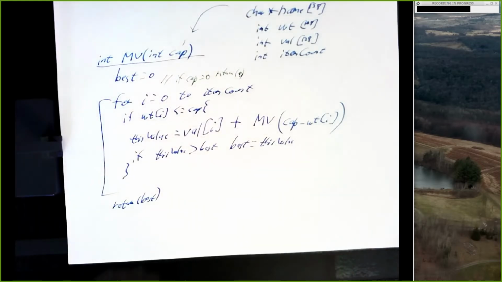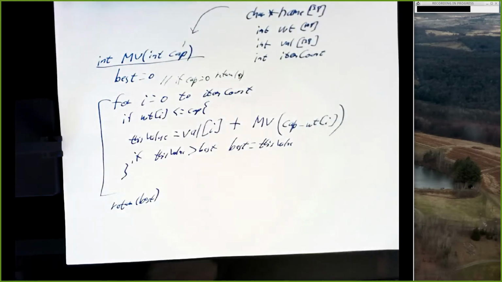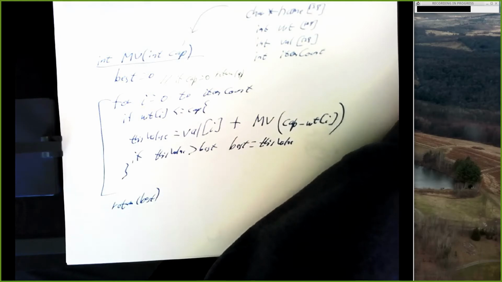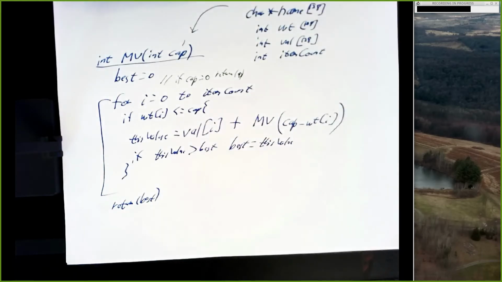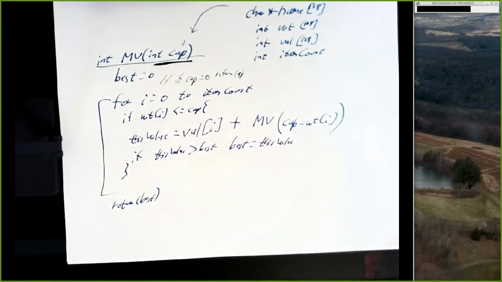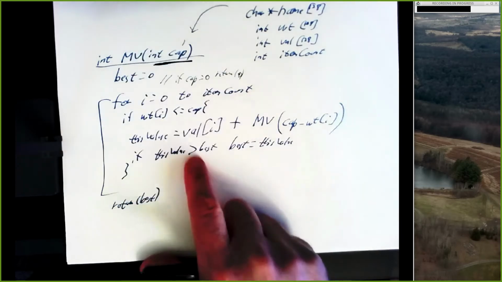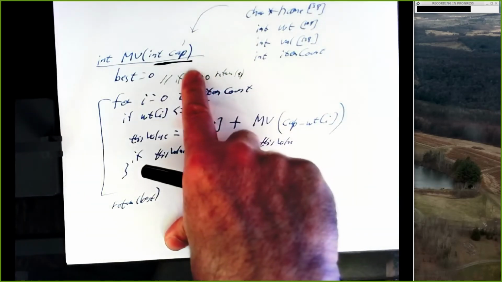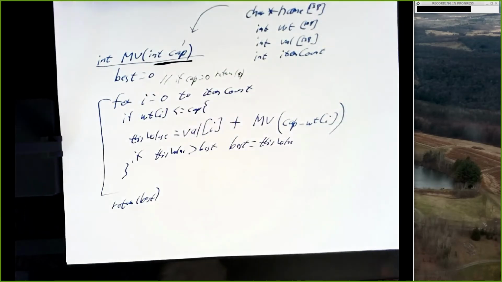Dynamic programming you could add at this point without too much difficulty. And the way we put in dynamic programming is up here in the beginning. Have an array of calculated MaxVals, index it with capacity, check that entry, see if it's positive or non-negative, right?